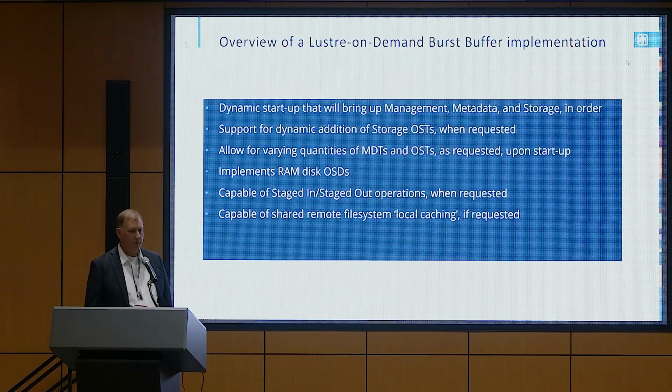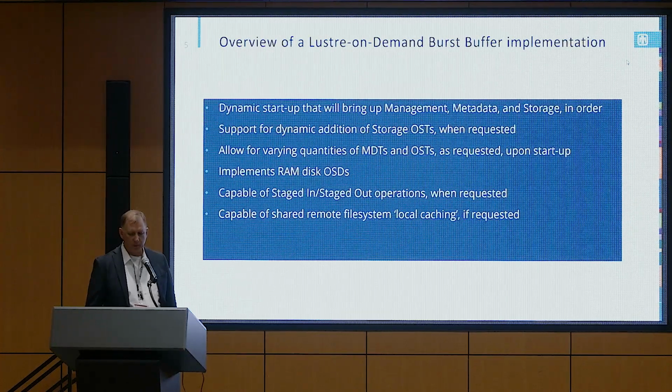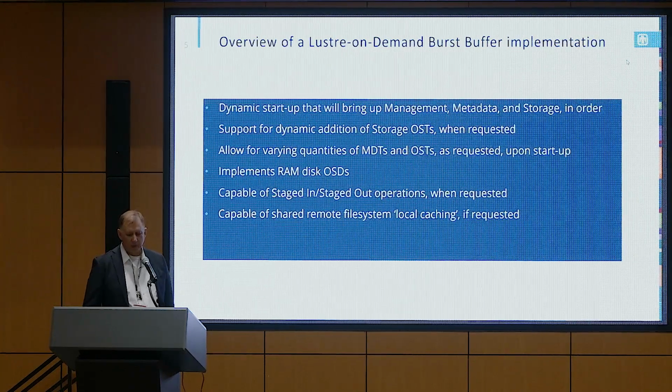You have to bring up your management, your metadata, and storage in order, but you have to do it in the right way and at the right timings. I've been working with burst buffers enough to know that. You also want to be able to bring in more storage OSTs if you need them. That's a nice feature with the on-demand file system. If you have a high demand load or you want to add more stripes, you can bring in more OSTs.